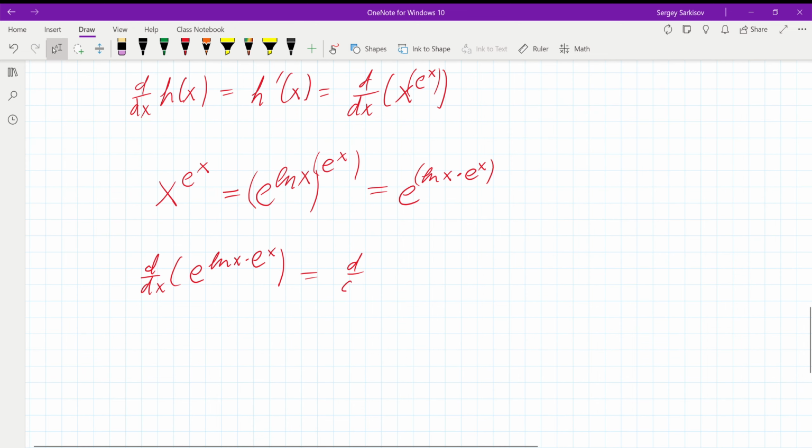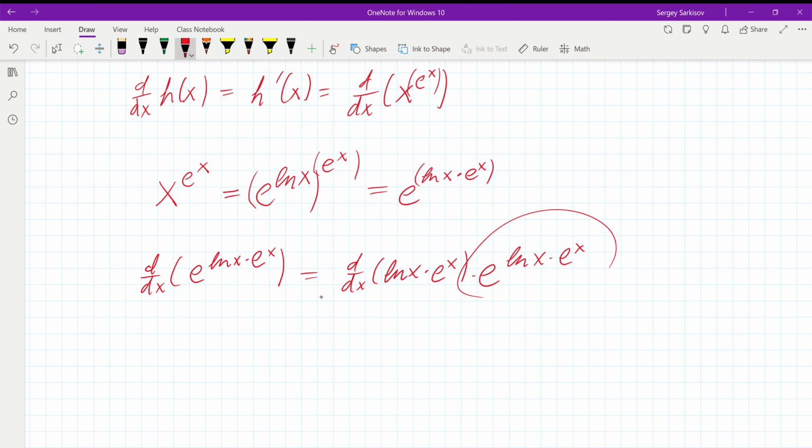So I'm going to do the derivative of ln x times e to the x, and then times e to the stuff, which goes to e to the stuff. Let me rewrite it one more time: it's e to the ln x, e to the x, which we know is actually just x to the e to the x. This is how we got this from that. I just want to show you what it is.